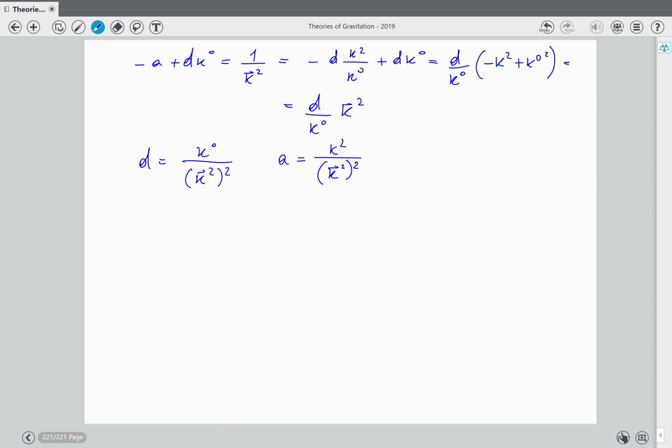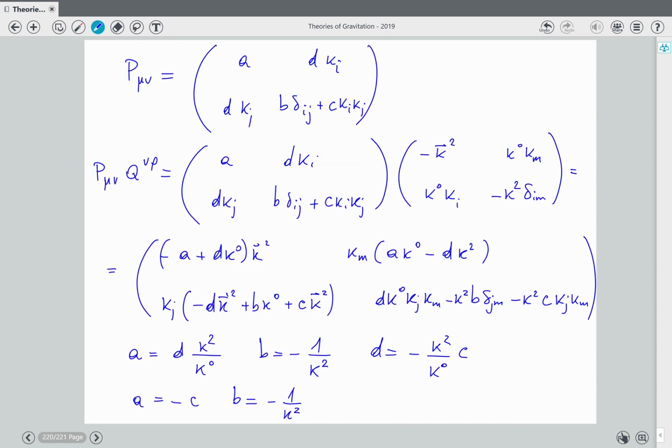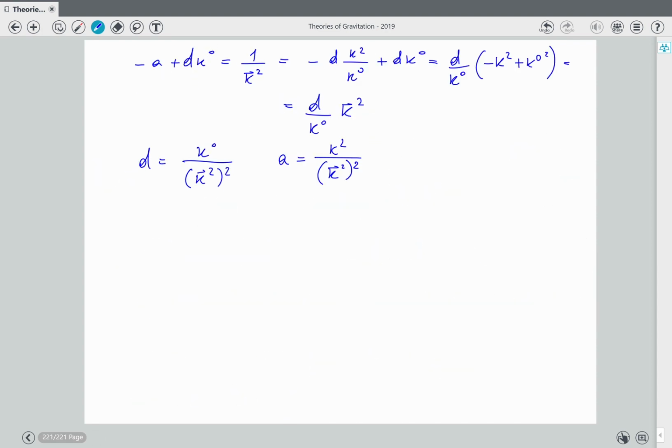Let me check. There is a k squared more in D, in the numerator. In D? Yes. Why? Because before we wrote it in round. So I have this equal to that.